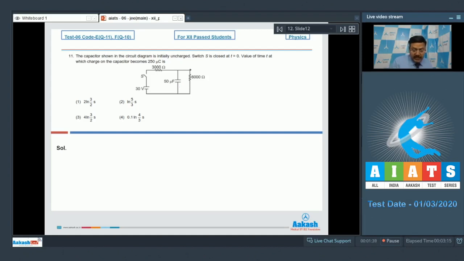If I call these points A and B, in steady state VA minus VB becomes 6000 divided by 9000 into 30. This simplifies to 6 by 9 into 30 volt, which is equal to 20 volt. So that is the final potential difference across the capacitor.